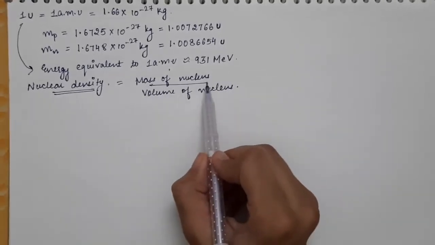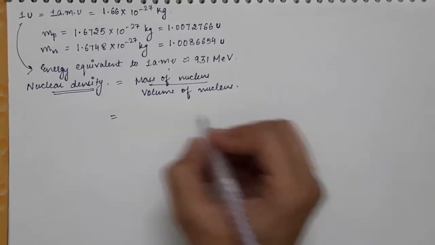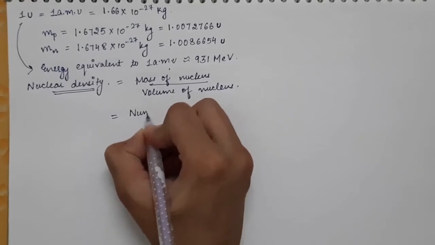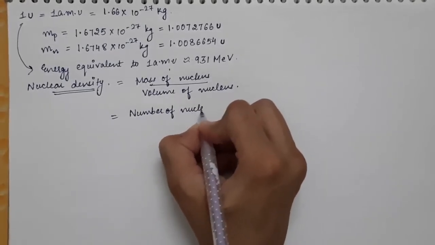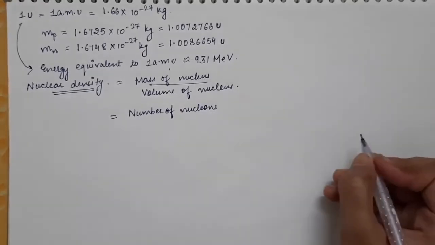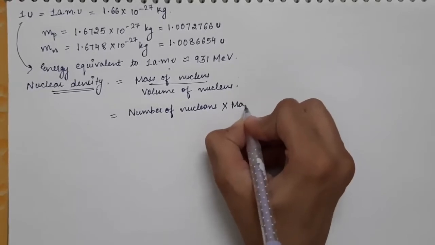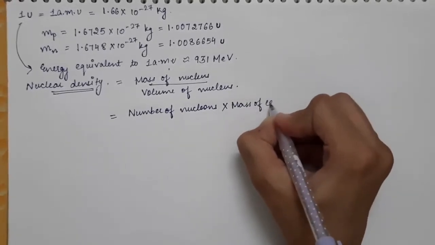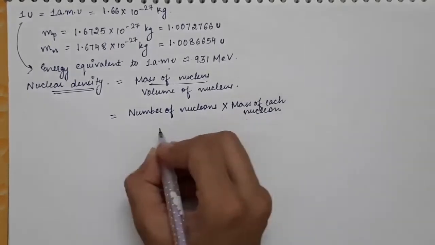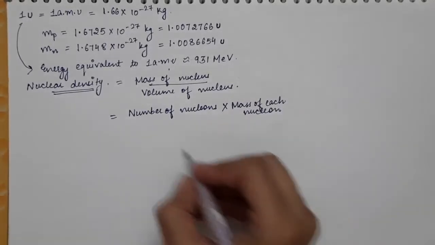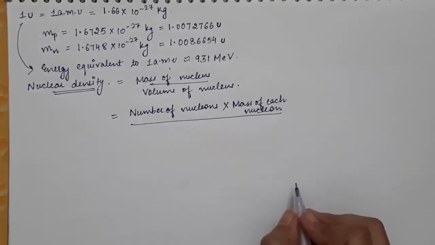The mass of the whole nucleus will be equal to the number of nucleons present inside the nucleus, times the mass of each nucleon. That gives the total mass of the nucleus, divided by the volume of the nucleus.